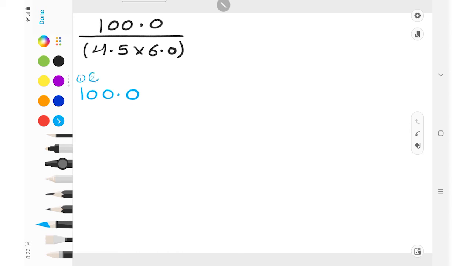This is my second. Which is what? 10 divided by 2, 5. So my lower bound is 95. My upper bound is 105. This is my first number.